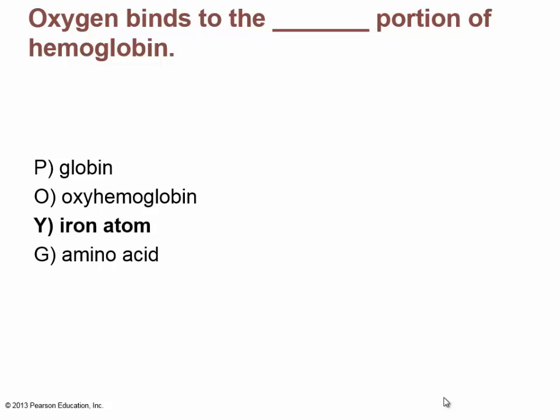It binds to the iron atom, which again would rather pick up carbon monoxide. It binds to the iron atom and it becomes something known as oxyhemoglobin.